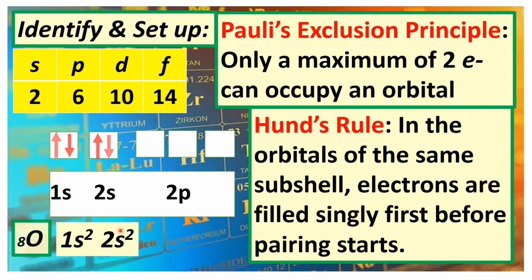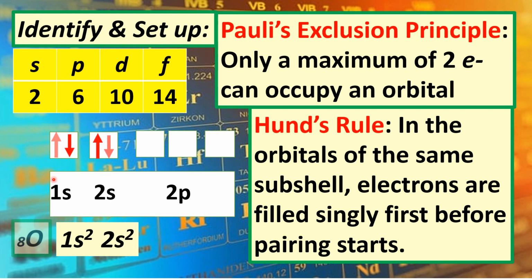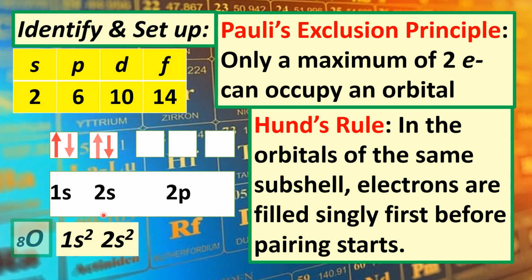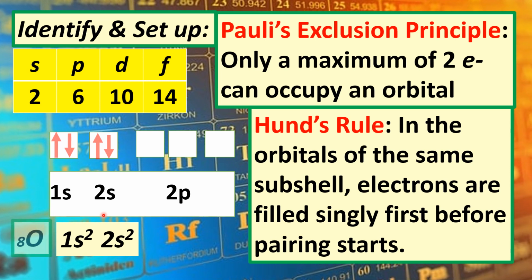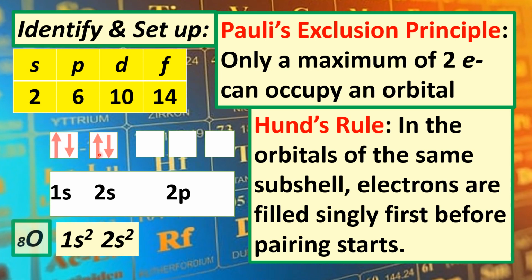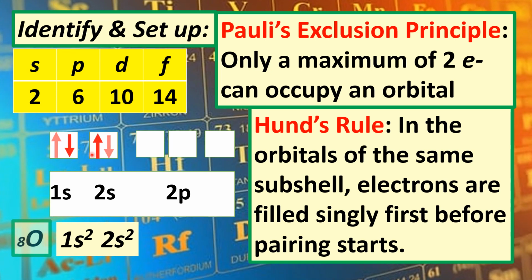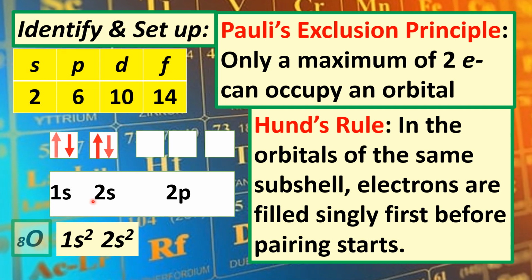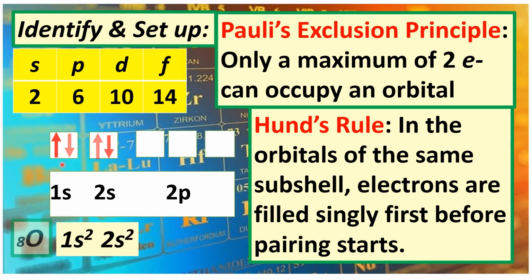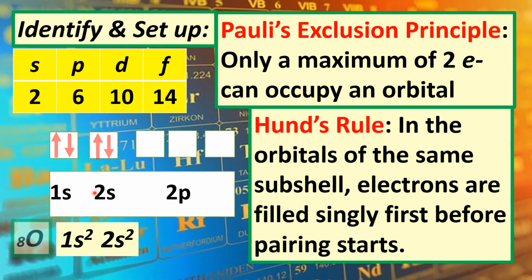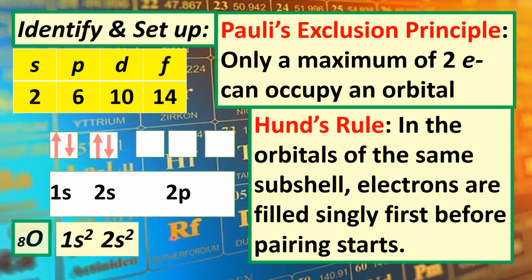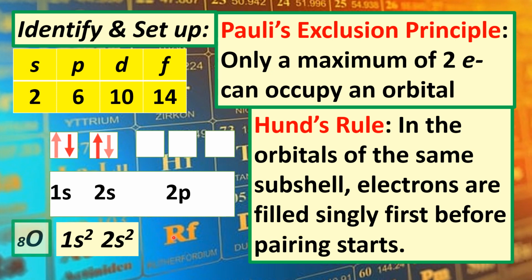We say that these orbitals such as 1s and 2s are already complete with 2 electrons. In terms of stability, these electrons are already stable in their respective 1s and 2s orbitals. So we already have 4 electrons accommodated.